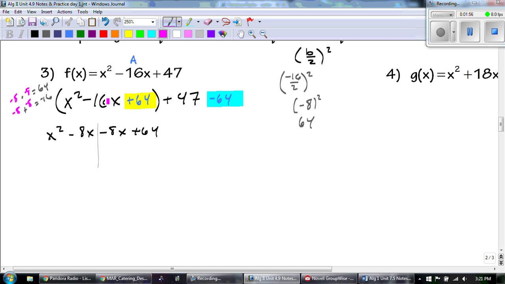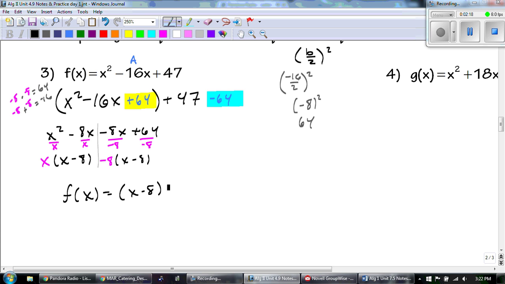Okay, we take out our GCF of x and negative 8. So we have x minus 8. And then when I factor that out, it's, oh wow, it's x minus 8 and x minus 8. So when we start bringing this all together, we have x minus 8, and then our second x minus 8.